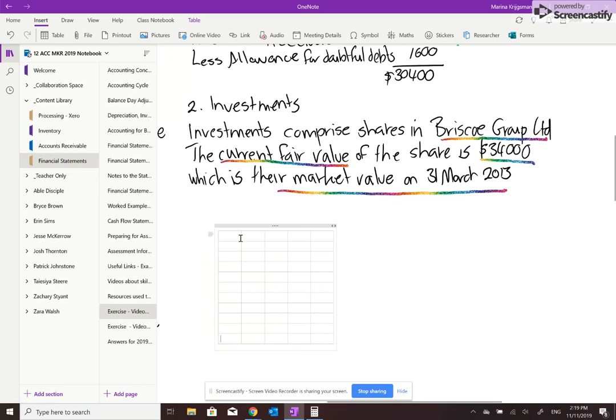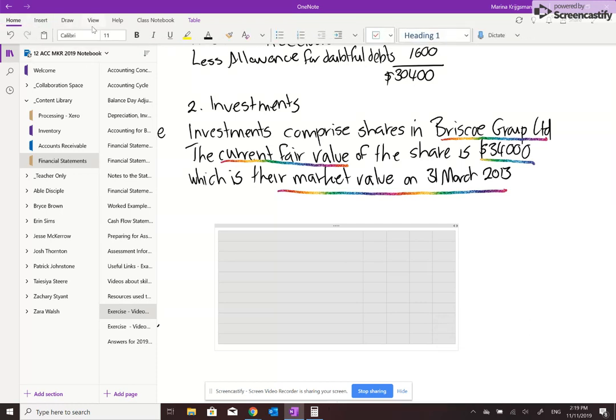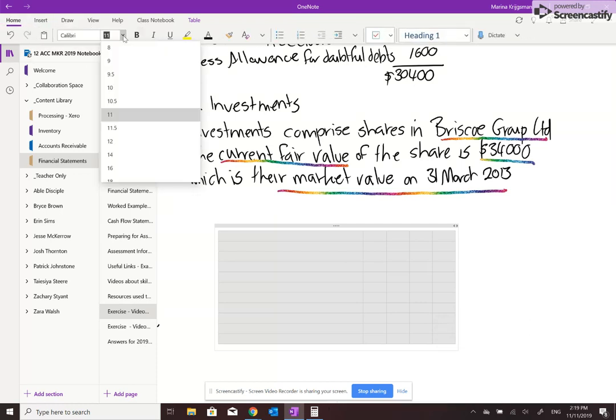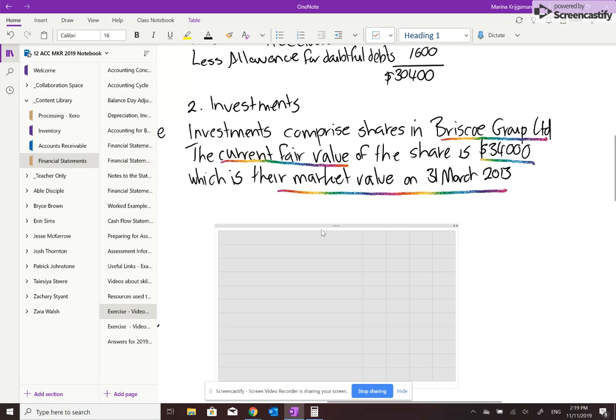Okay, so we need to make it a little bit bigger. We need some columns. See if I can up this size a wee bit. Yep, there we go. And bigger columns the same. Okay, so we're going to pop into this all the essential bits that we need.